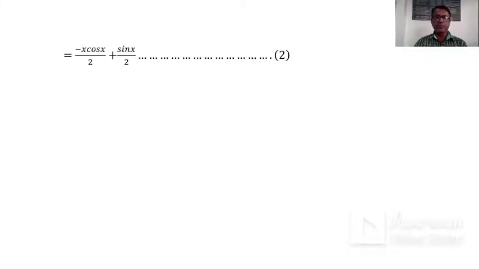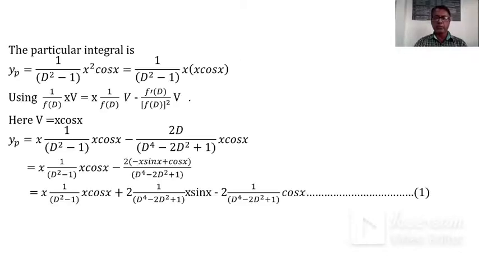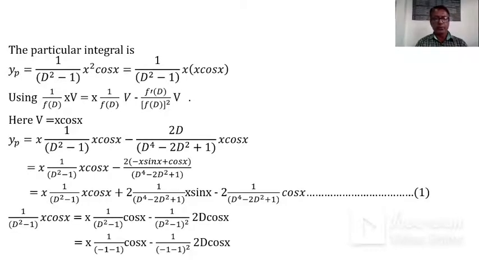After simplification we get minus x cos x. If you simplify this, this becomes minus x cos x upon 2.